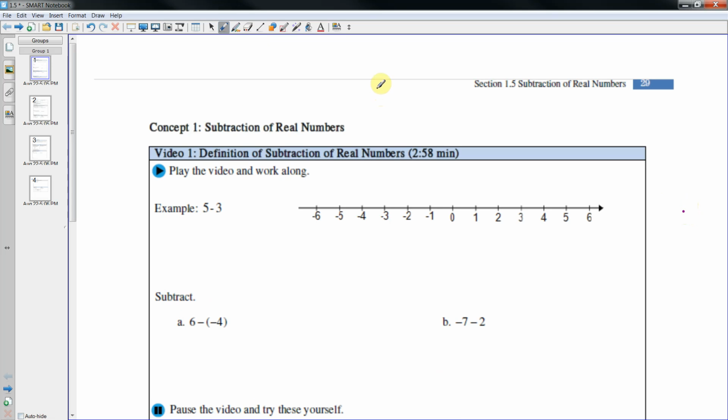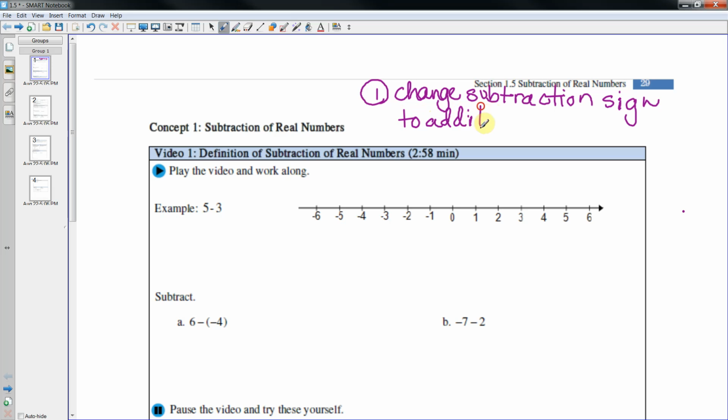What I like to do is change the subtraction sign. My pen doesn't write as fast as I talk. Change the subtraction sign to addition, and then change the sign of the second number.